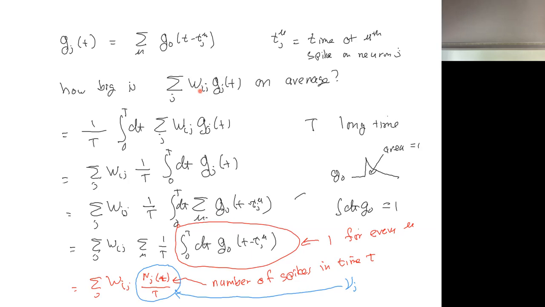Okay, so let's go to the next page. So we have the average over time of the sum on j of Wij Gj of t equals the sum on j of Wij nu j.